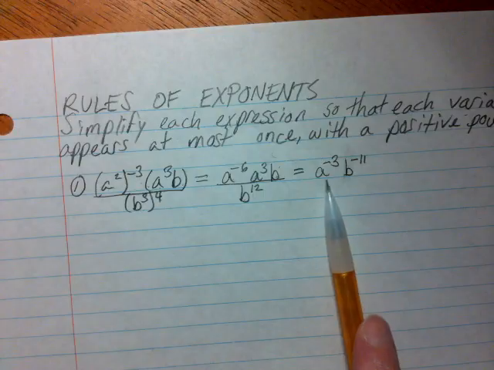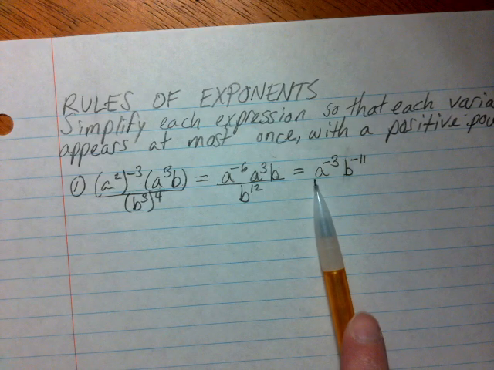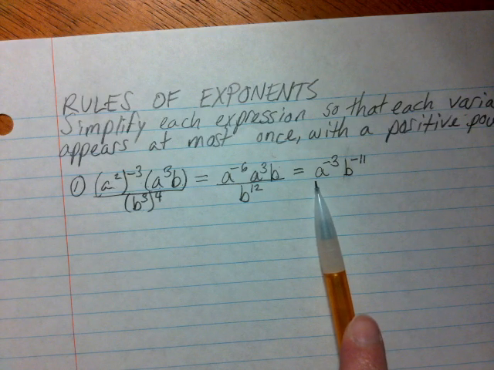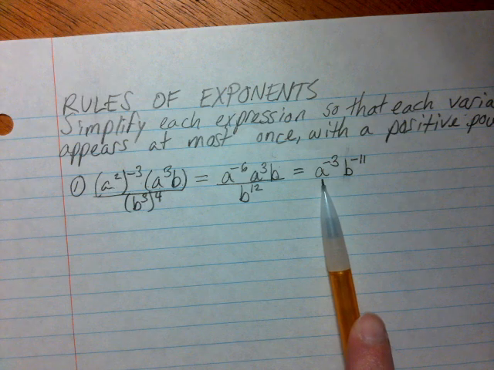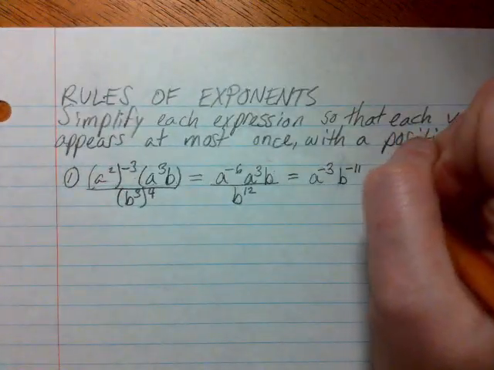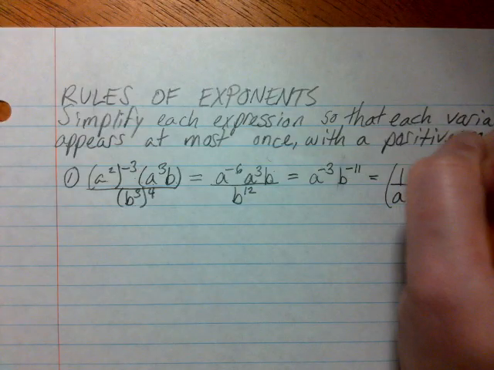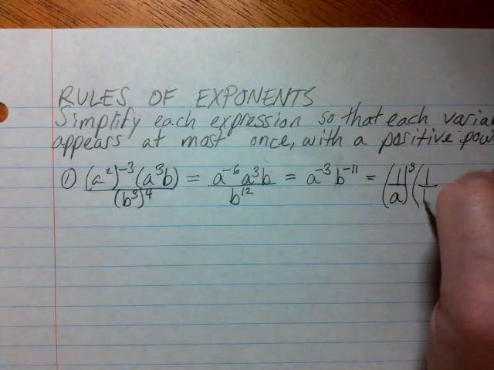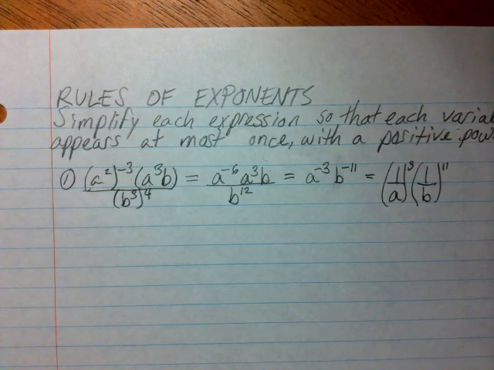What it means is to do the opposite of multiplication. In other words, divide, or multiply by the reciprocal. So a to a negative power means the reciprocal of a that many times. So this is the same as the reciprocal of a cubed, and then the reciprocal of b to the 11th.